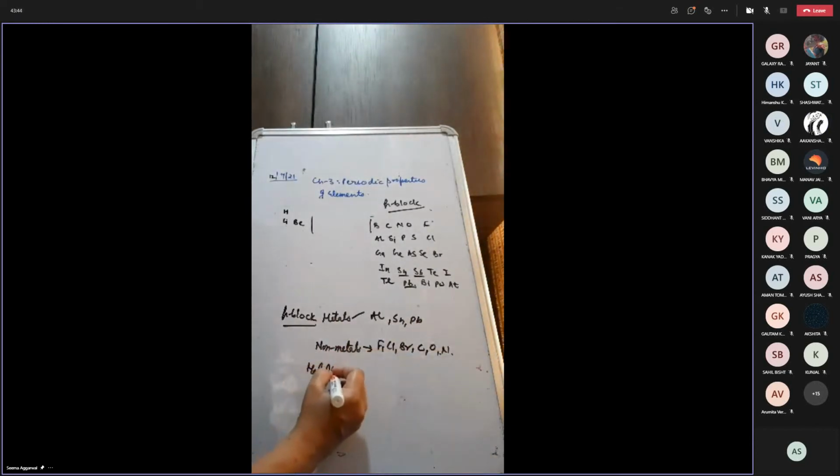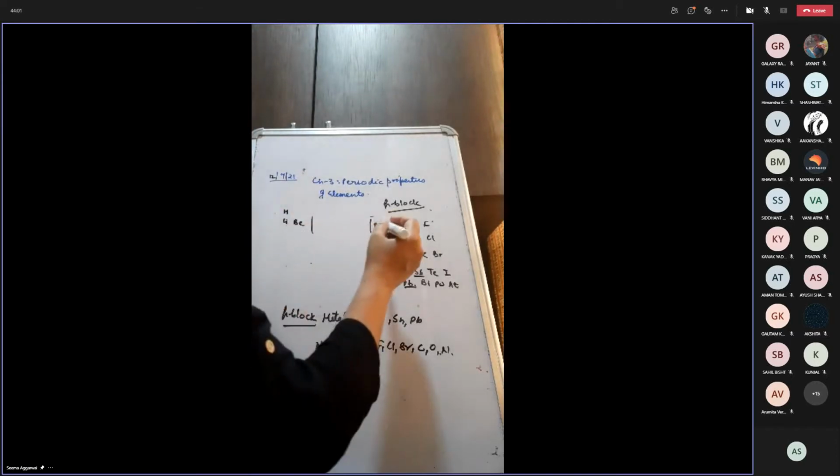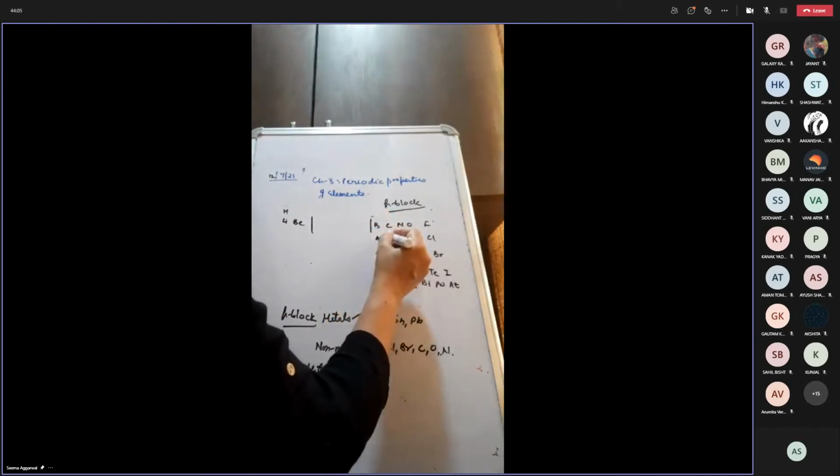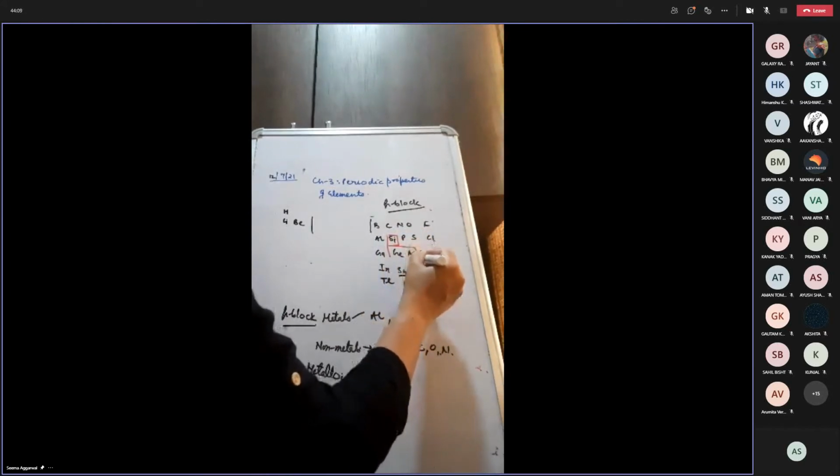Now there are a number of metalloids. And actually, metalloids I am taking according to NCERT only, because in some books there may be 1 or 2 elements that are different. But when we are doing CBSE, and for your entrance exams also, basically we have to refer to NCERT.